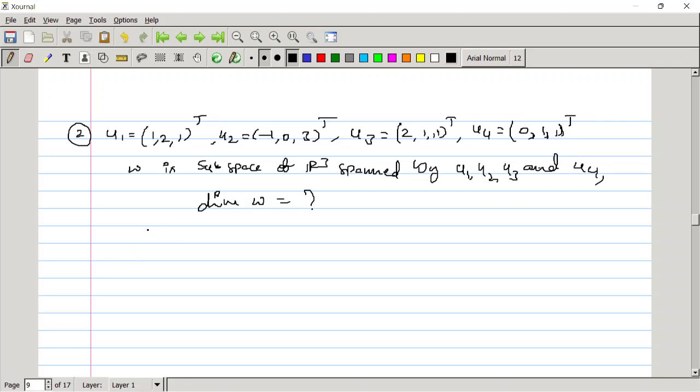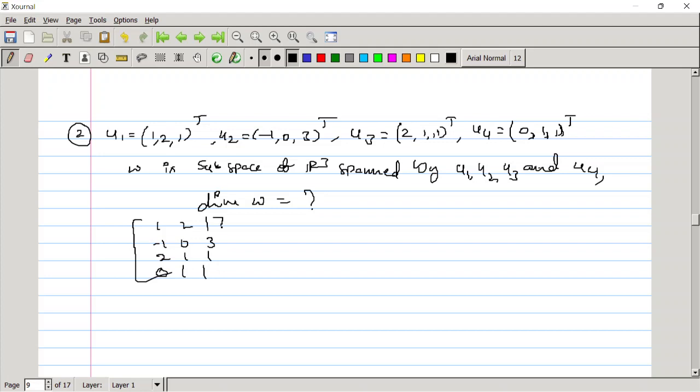Then we will convert the matrix into row echelon form, and we will see what the rank of that matrix is. 1 2 1, minus 1 0 3, 2 1 1, 0 1 1.